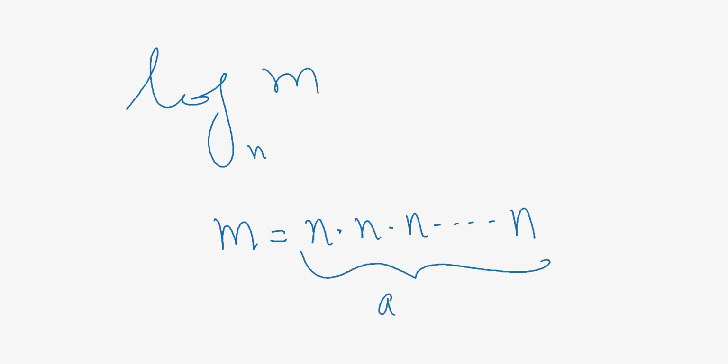That is the thing. If you can write m in terms of n multiplied by n multiplied by n, let's say if this is possible, count how many number of times. For example, 8 times. If this is possible, then we can write this as 8.